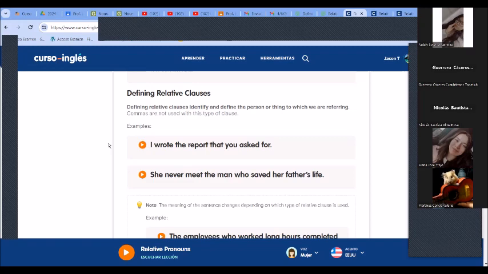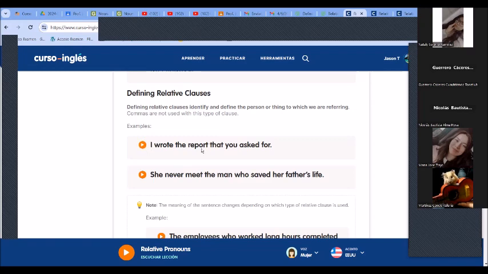My apologies, this site that I chose has a little error here; I think it should be "met" or "never met". But the idea is that in the sentence, you're giving information that's necessary to understand.